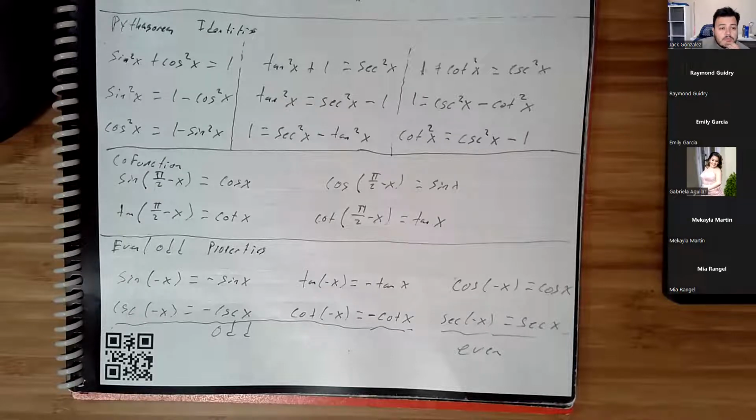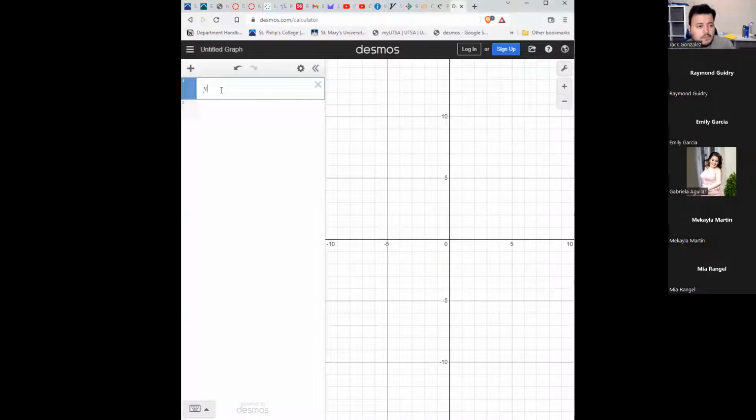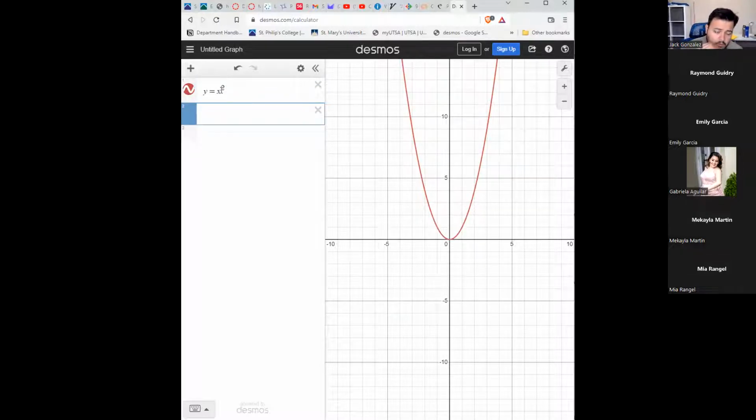Let me find some pictures. So we know that x squared is even, right? So what that meant back in the day, if you plugged in a 2, maybe I should use f of x.